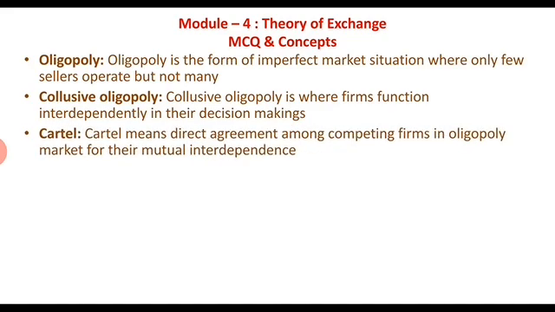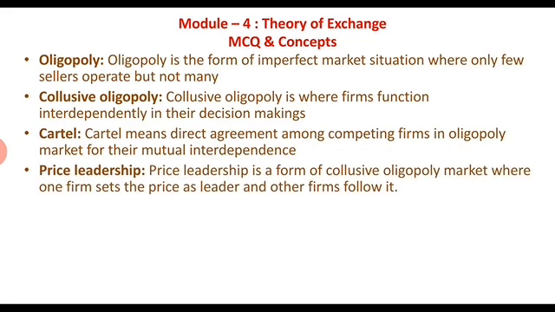Cartel means direct agreement among competing firms in oligopoly market for their mutual interdependence. Price leadership. Price leadership is a form of collusive oligopoly market where one firm sets the price as leader and other firms follow it.